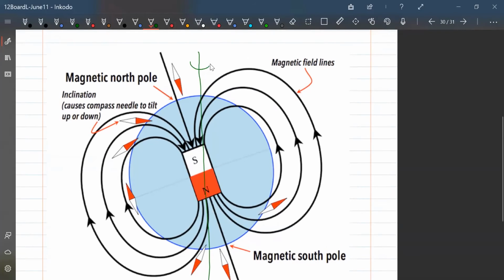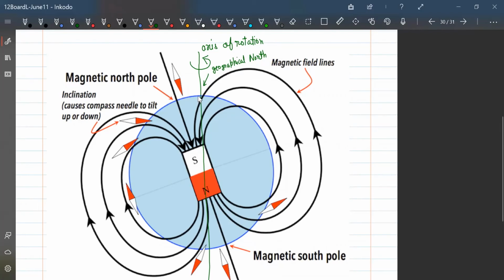So the axis about which Earth rotates is a bit different. This is the axis of rotation, and this point is called the geographical North.